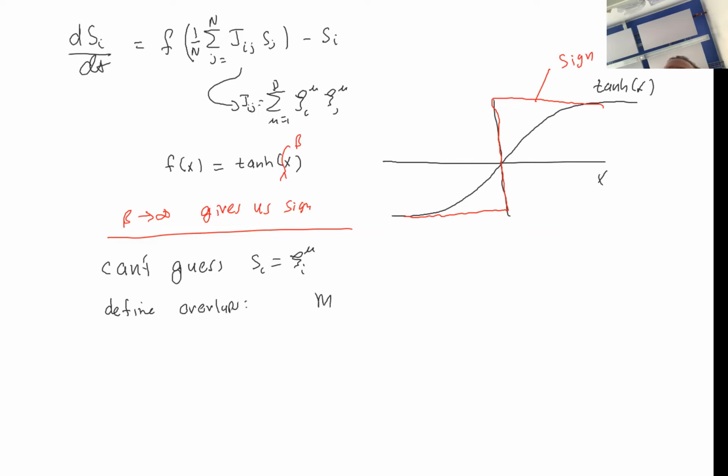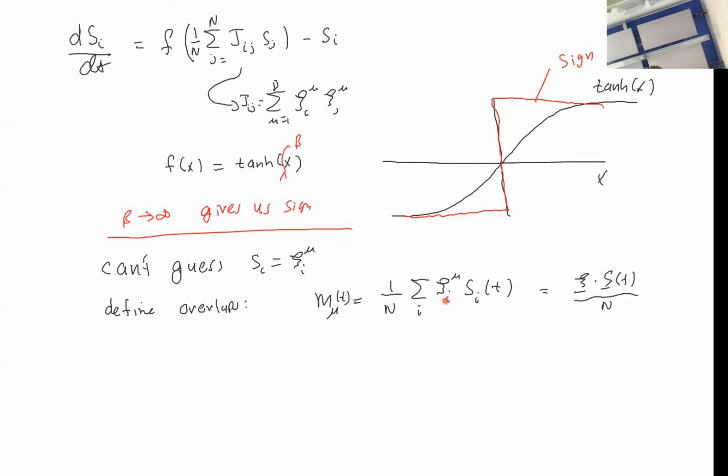This is really how we should think about this. m_mu equals 1 over n, and it's now a function of t, the sum on i of squiggle i mu S_i of t. This is a normalized dot product. We can think of this as squiggle mu dot S of t over n. And it tells us the extent to which S lines up with this memory.